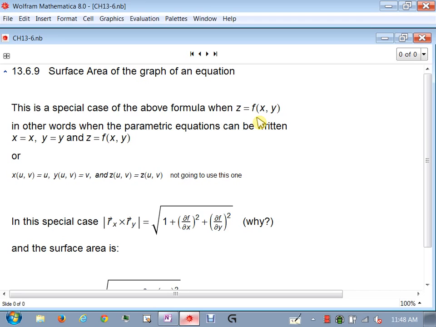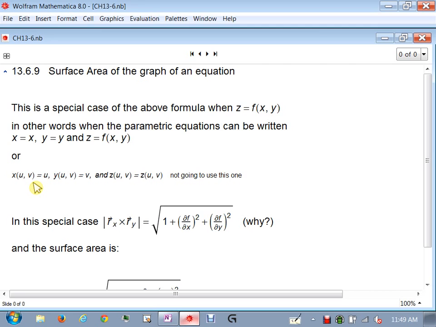So if we define a vector function that way, in other words, we let the parametric equations for x, y, and z be the following: let x be whatever you want it to be. In this case, I'm going to call it u instead of x. Let our y component be just v, which was like the y. And then let our z be a function of those two. Then this behaves just like our standard surface.